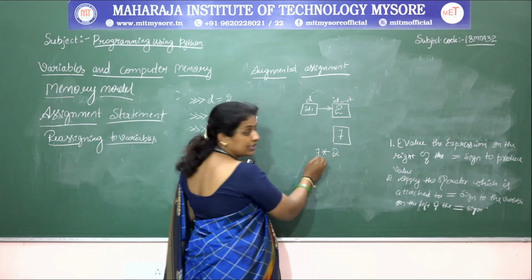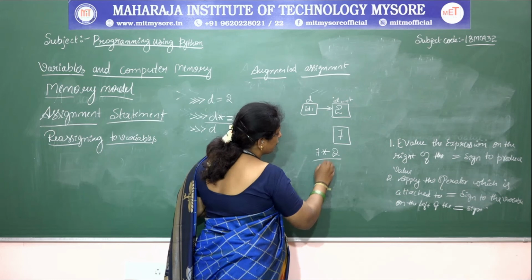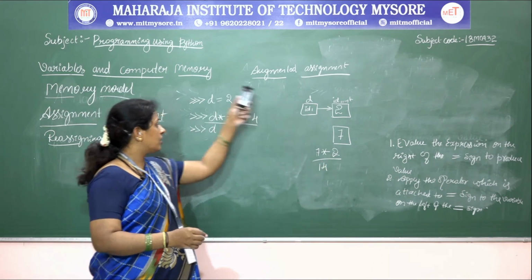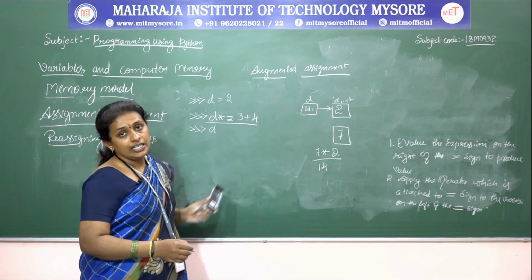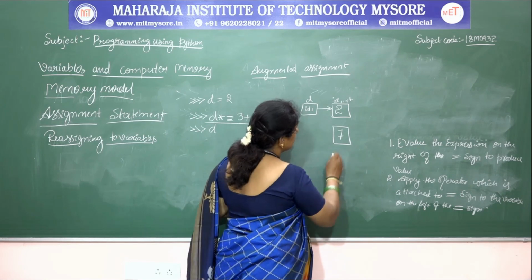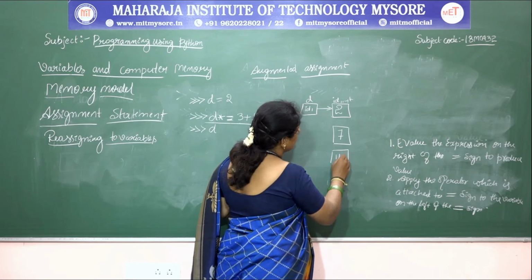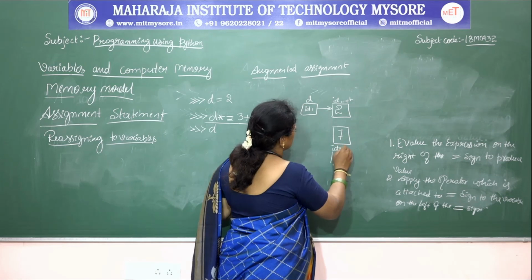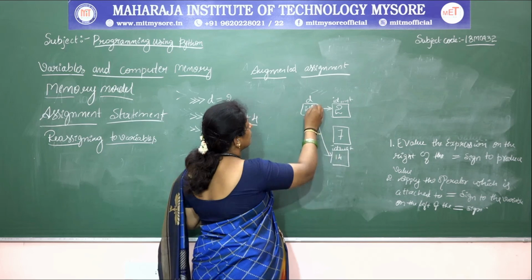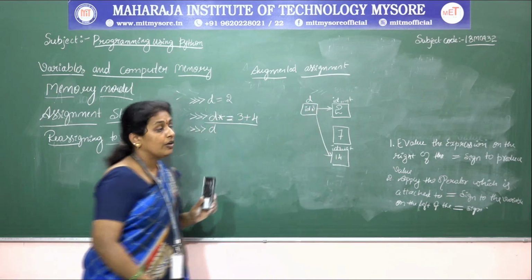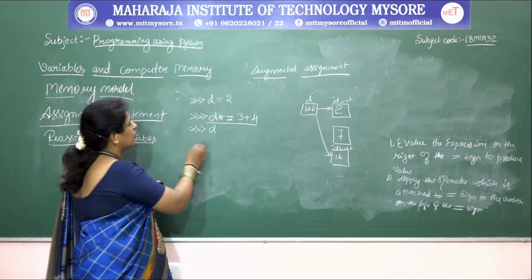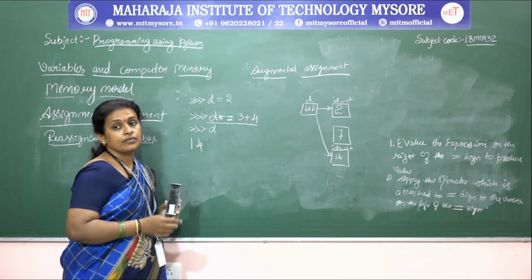So 7 multiplied by 2, I will get the answer 14. Once again, this produced value will be stored in the variable D itself. Now the memory for this holds 14, and the variable will be pointing to it. Then when I execute the variable D, I will get the output 14.